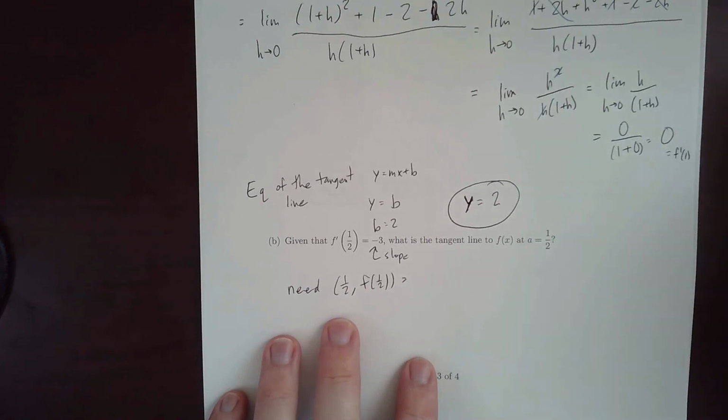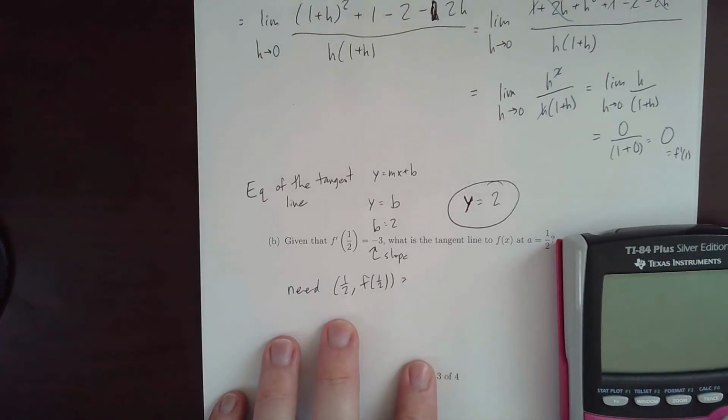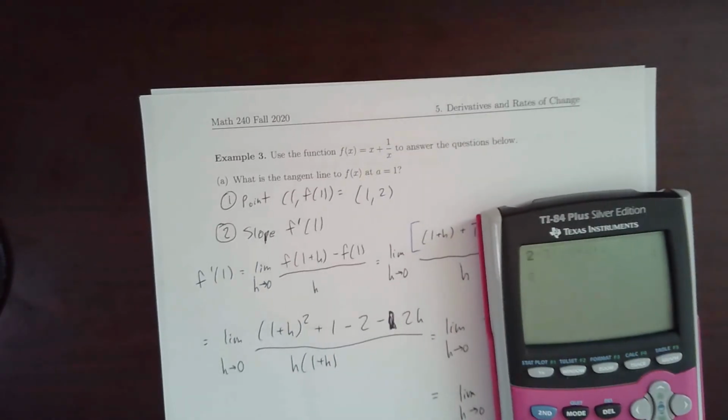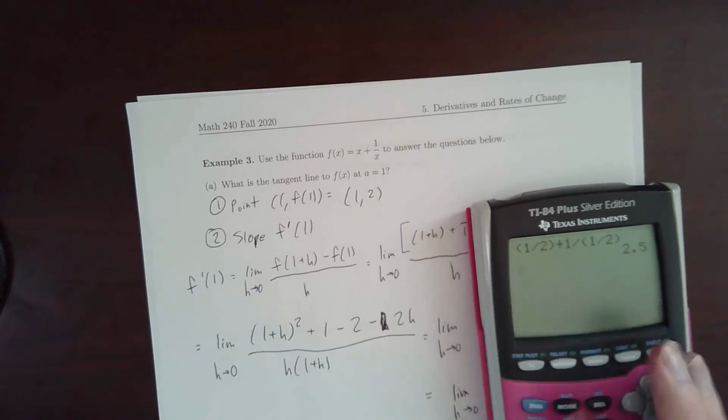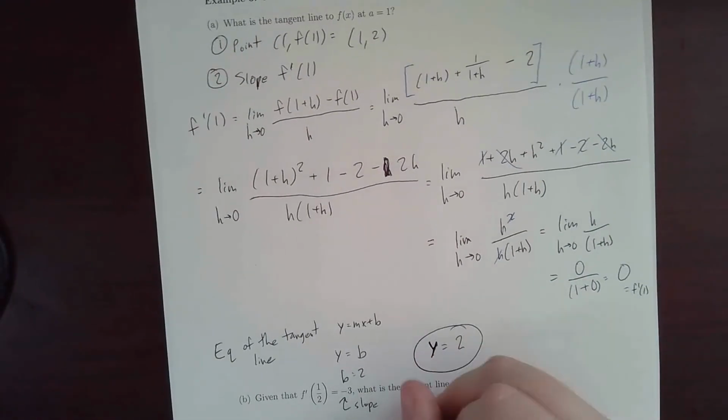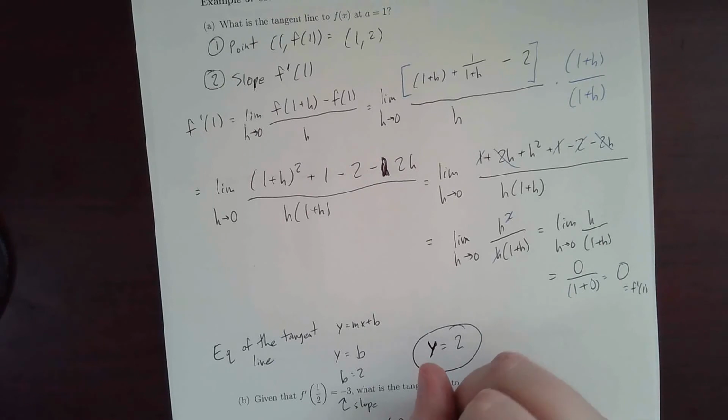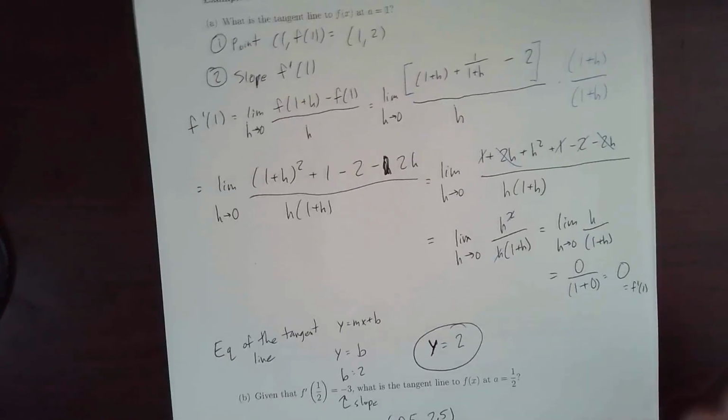So again, if we want to find f of 1/2, what we need to do is take our function from before and plug in 1/2. So now we'll take 1 over 2 plus 1 divided by 1 over 2, and we'll get 2.5. So we get the point (0.5, 2.5).